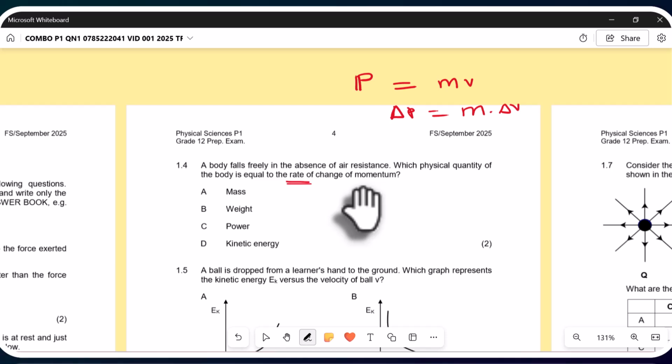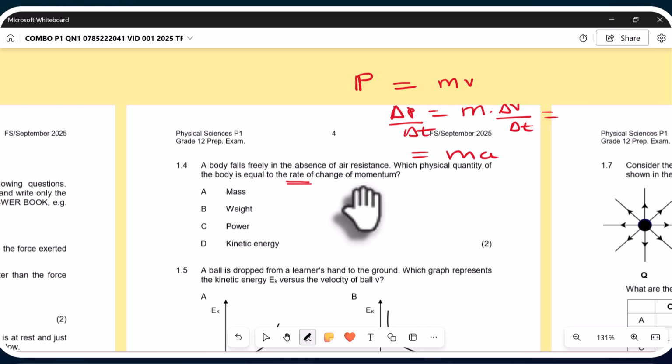The acceleration g means increasing velocity. We know that Ek equals a half mass times velocity squared. So because of the increasing velocity, it means the Ek must increase.